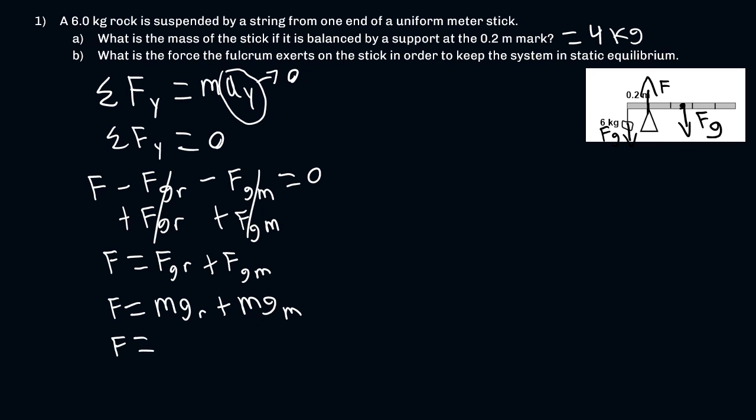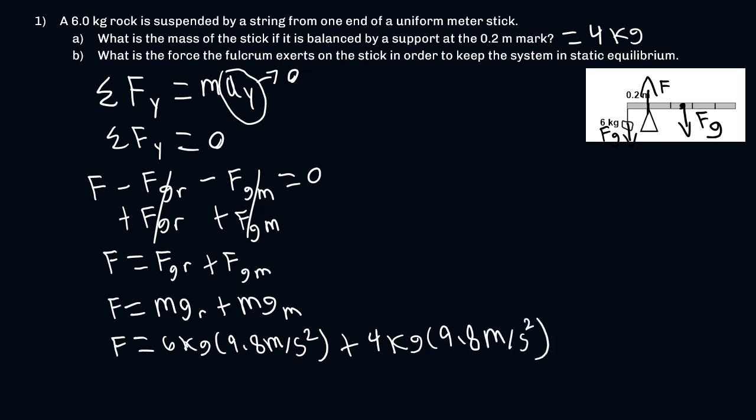The mass of the rock here is 6 kilograms, times g, which is 9.8 meters per second squared. Plus the mass of the meter stick, which we just found, and that is 4 kilograms, times the acceleration due to gravity on that as well, so 9.8 meters per second squared. Again, the R and the M are just subscripts to show that that's the force of gravity on the rock and the force of gravity on the meter stick.